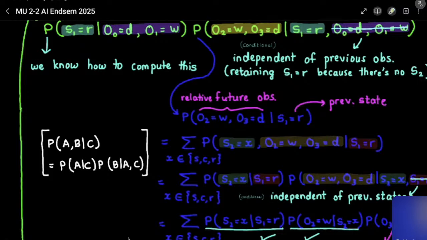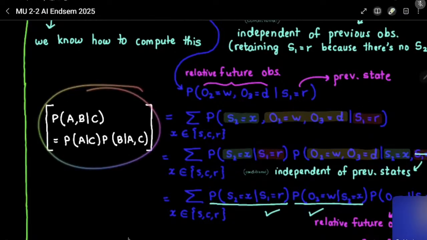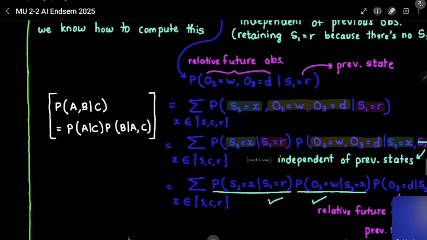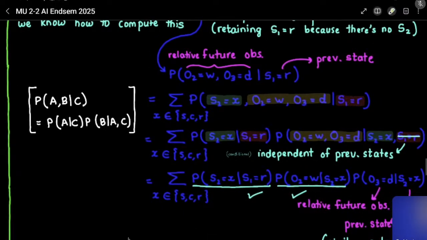And now again I did some grouping. So this is like some A, B and C. And then you apply this probability rule again. And then you break everything apart, you split everything. What do you get? This is nothing but your transition probability. And here I'm removing S1 equal to R because I got my S2 here, and in this sequence of observations O2 depends on S2.